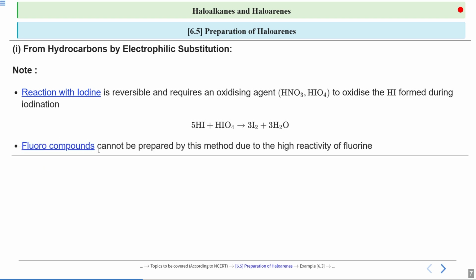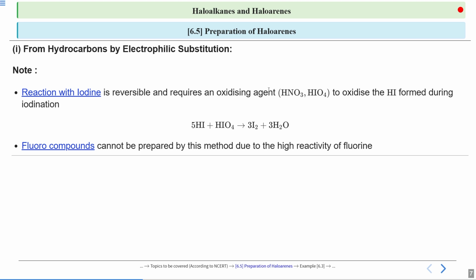Fluorocompounds, if you talk about the fluorocompounds, means the benzene has the substituent, or the benzene is attached to fluorine. Fluorocompounds cannot be prepared by this electrophilic substitution method due to the high reactivity of fluorine. So we have talked about iodine, that when you are doing the reaction of benzene with the iodine molecule, you require an oxidizing agent.